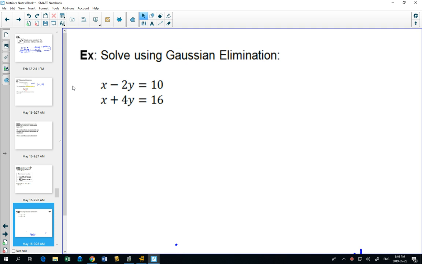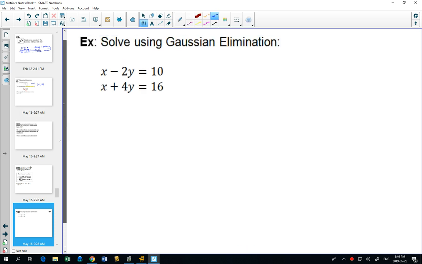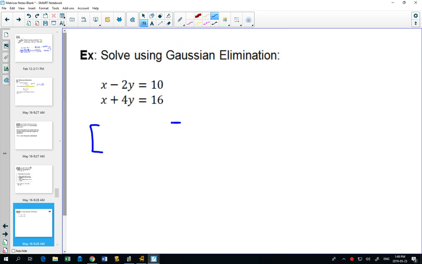Okay. So here is our first matrix. If we wrote this out as an augmented matrix: 1, -2, 10, 1, 4, 16.